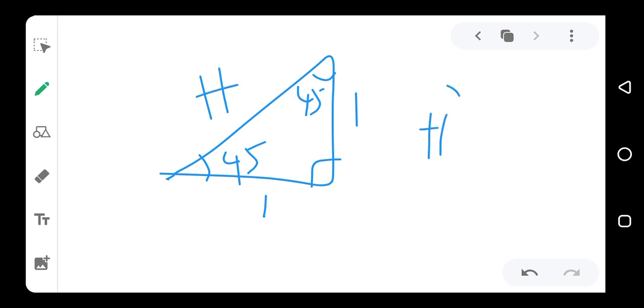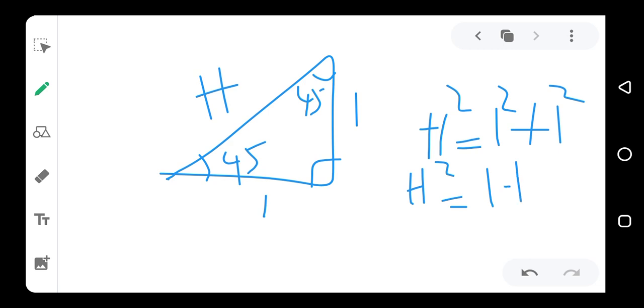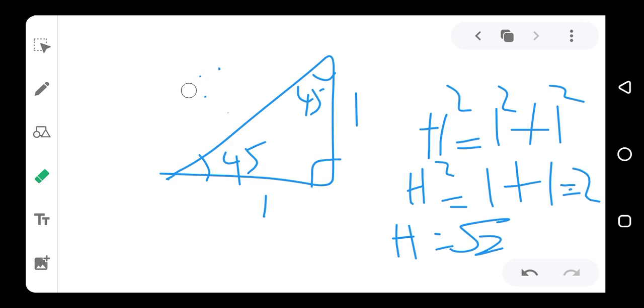H squared is equal to 1 squared plus the other adjacent, 1 squared. H squared is equal to 1 plus 1, which is 2, so H is equal to root 2.